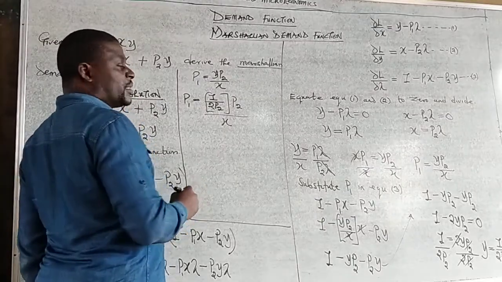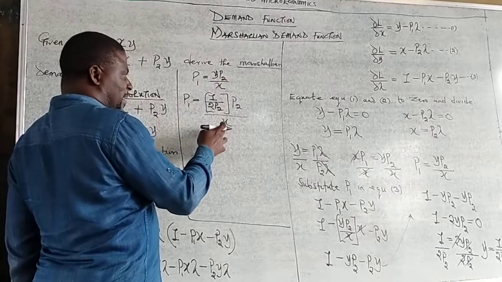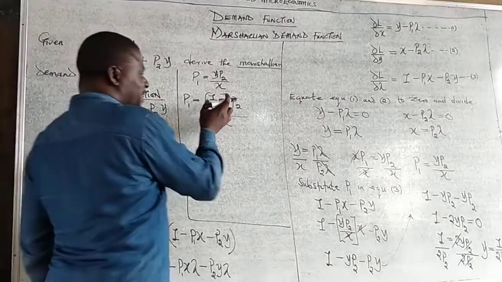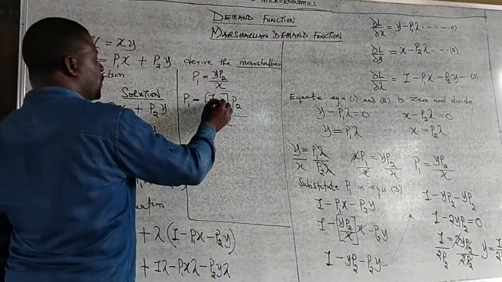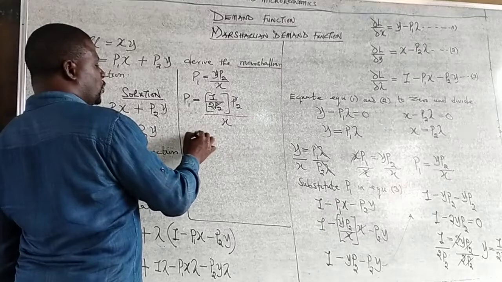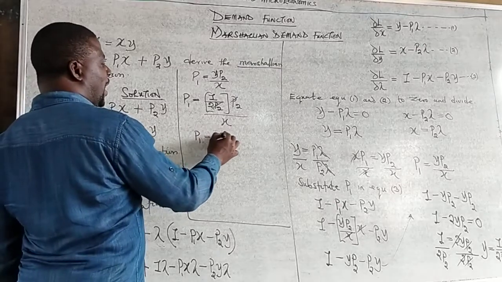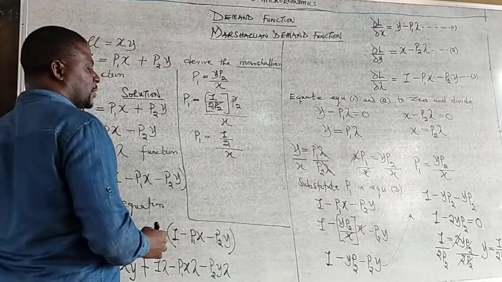Yes, sir. Where I see y, I put y; p2 I still put, x I put. That y is already this from here. So this p2 will now cancel this p2. So I'll be left with p1 equals I over 2 all over x.